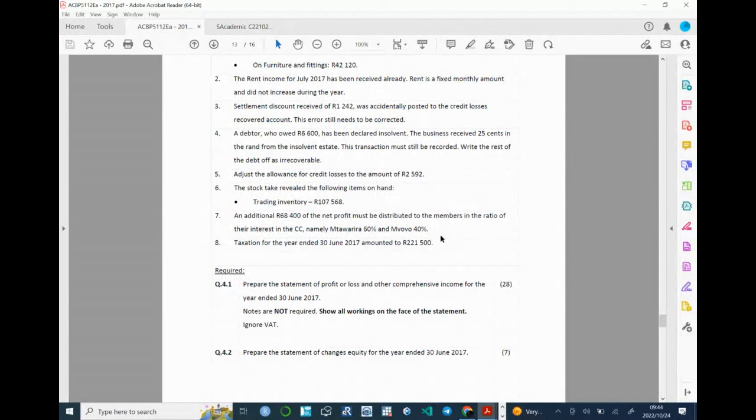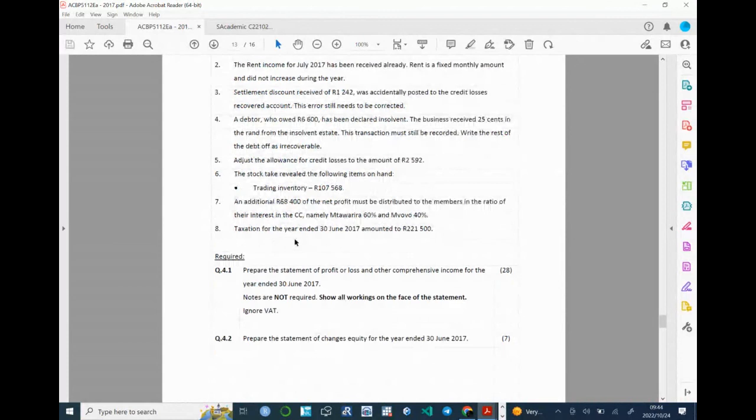An additional amount must be distributed, and then taxation for the year end. So I think that should be just a deduction. Yeah, that's supposed to be a deduction.